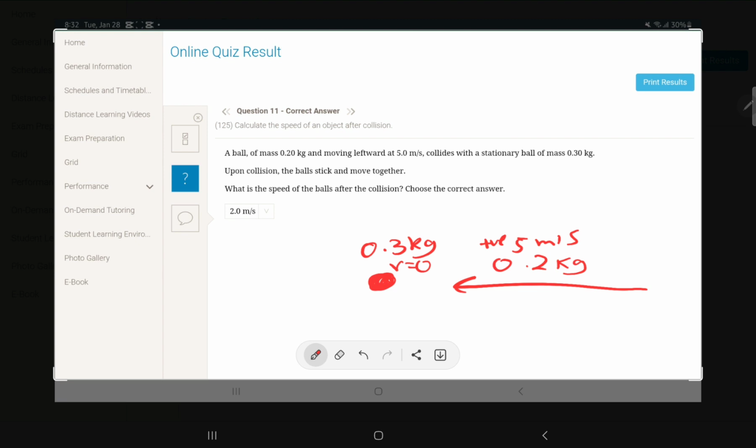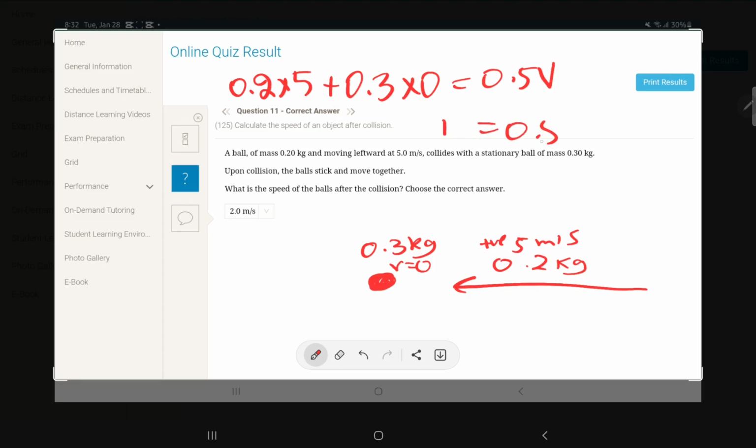So 0.2 times 5, plus 0.3 times 0 is equal to mv, because they stuck together. Now add both of their masses, you will get 0.5v. Now 0.2 times 5 is 1, plus 0, so 1 is equal to 0.5v. Divide by 0.5, so 1 divided by 0.5 is equal to 2.